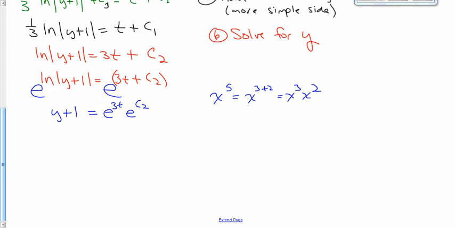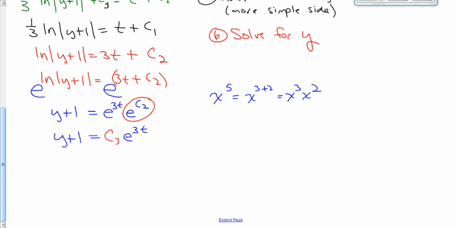Now, what I do want to talk about is this thing. e raised to a constant is still just a constant. I don't care what the individual constants are, but that thing I have circled in red is a constant. So I'm going to rewrite this again, calling that a constant, putting it in front, and calling it C3 times e to the 3t.